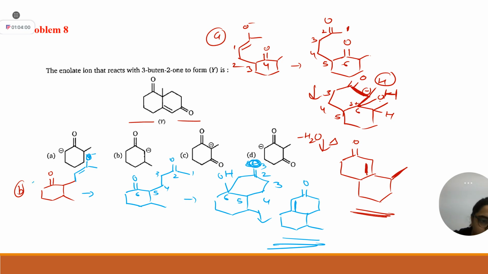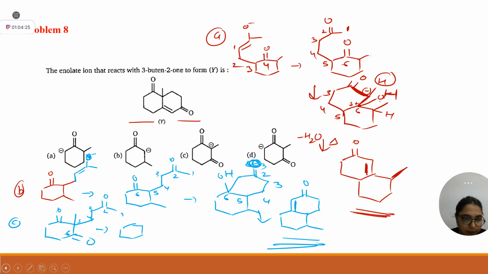Now let's go to option number C. In option number C, I will directly draw C double bond O, C double bond O, methyl, and here you will get this. Now, 1, 2, 3, 4, 5, 6. Let me take another pen.